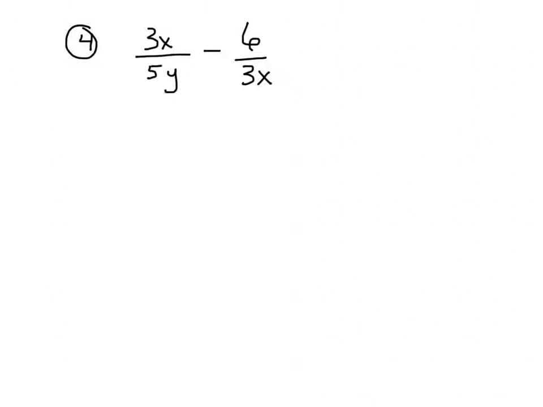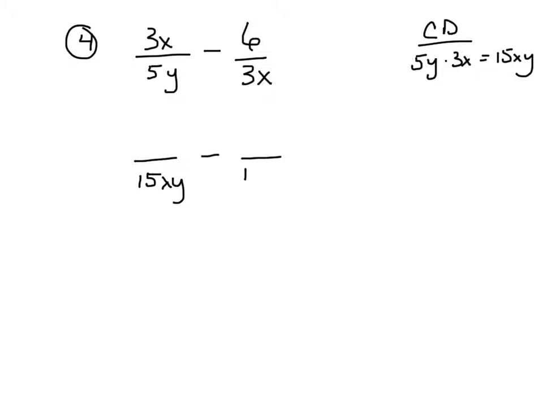Okay, so now you'll notice on step number 4, we don't have a common denominator. So my common denominator, I'm going to take 5y times 3x, and I'm going to get 15xy. Okay, so I need to multiply this guy by 3x over 3x.